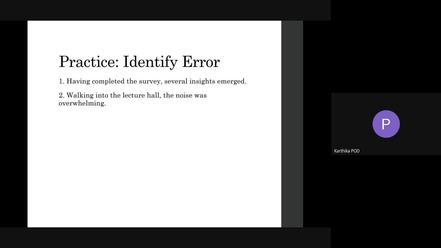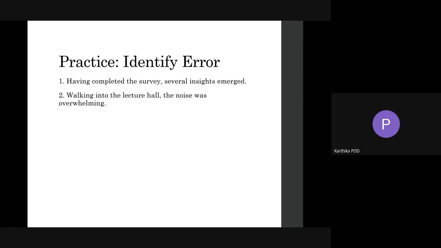Now when you use the word emerge, you are unable to fit in a subject here, right? So you need to give up on the word emerged, and you could use "having completed the survey, the students inferred, found..." "Having completed the survey, the students inferred several insights." Yes. Thank you.